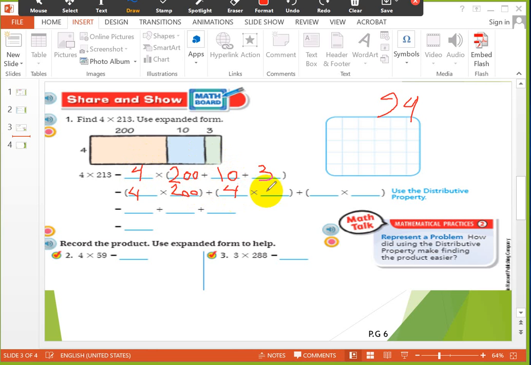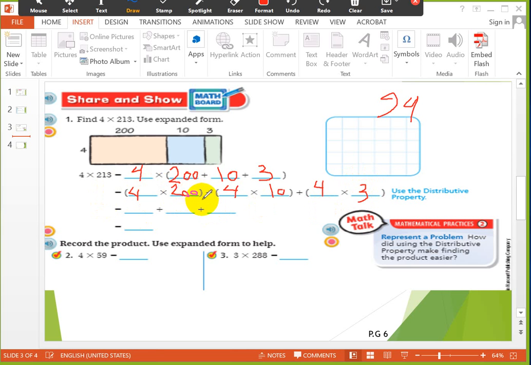So it will be 4 multiply 10. Okay? Now I will take this 4 and multiply it with the ones number. So I will multiply 4 with 3.